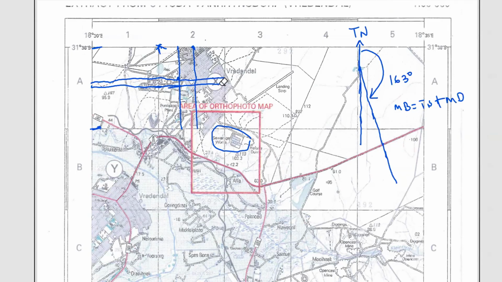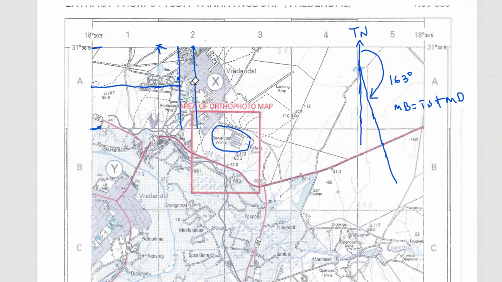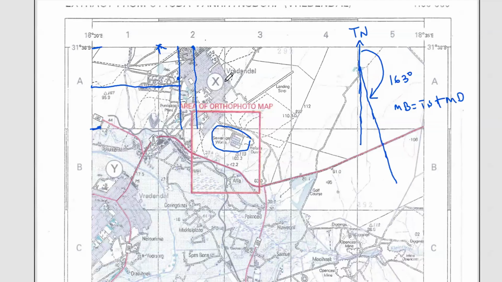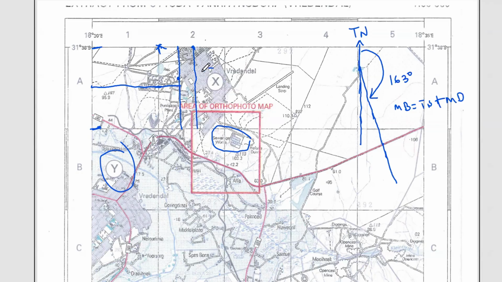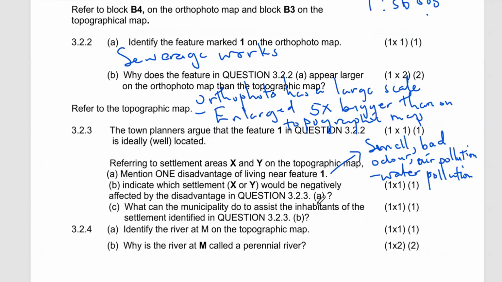X is somewhere here, and Y is here. For the reason of distance, looking at where X and Y are located, we justify that X is the one most affected because it's much nearer to the feature. So of X and Y, the one that will be affected is settlement X.